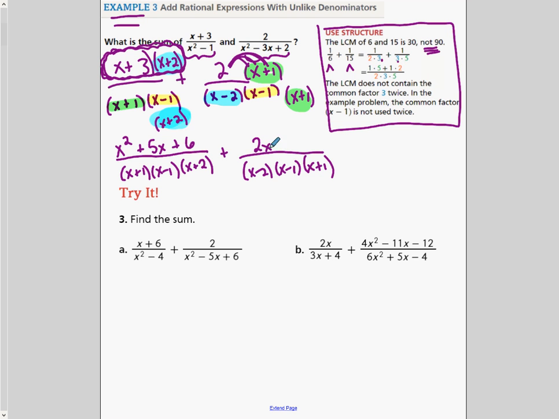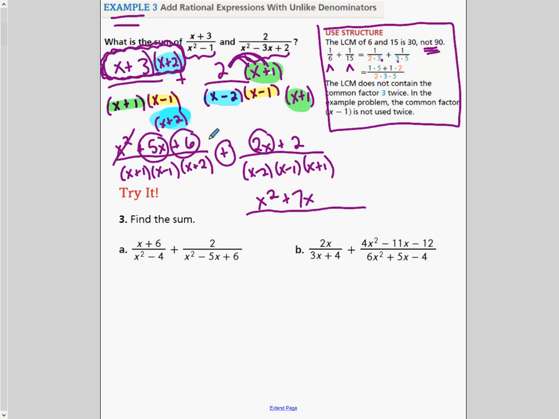So we're going to add straight across the top. Any like terms can be combined. So x squared doesn't have a like term, so I'm just going to list that. 5x plus 2x will give us 7x. And 6 plus 2 will give us 8.